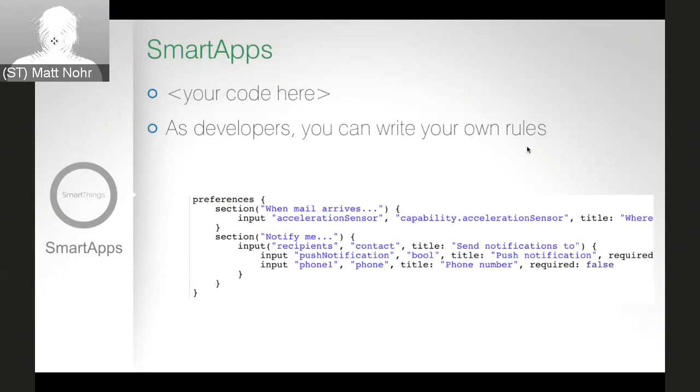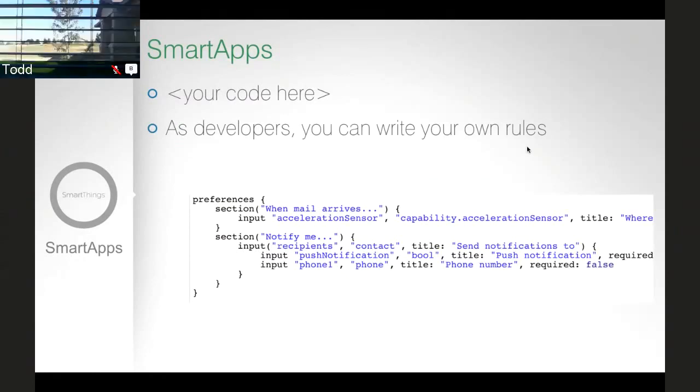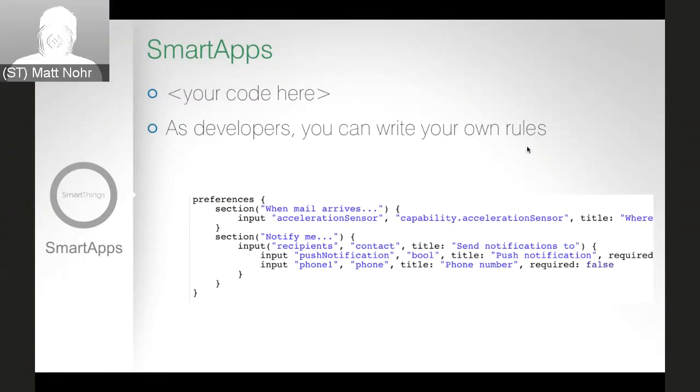We'll walk through actually writing one in a minute. Basically, a smart app is a standalone piece of code, Groovy code in this case, that you write as a simple app, and then you can publish it and install it. You can share it with your friends or anyone on the community site, or you can even try to publish it through SmartThings, and we'll review it for you.